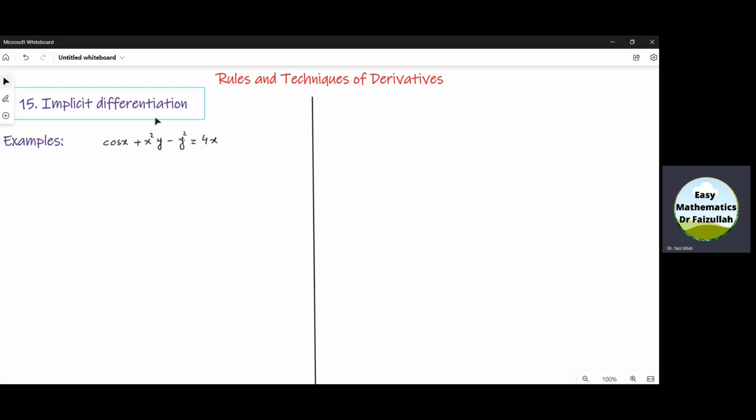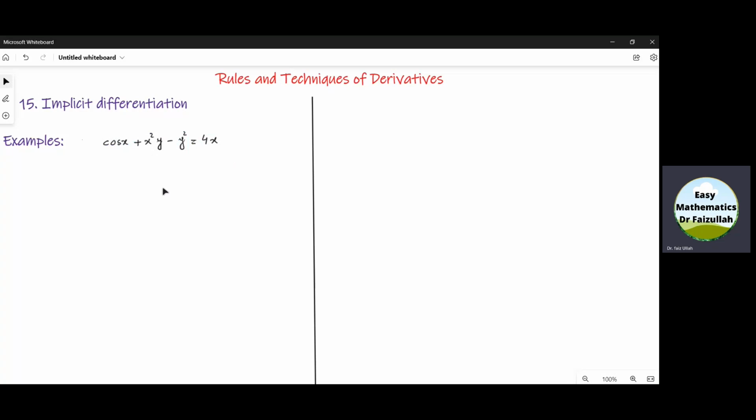Differentiation of implicit functions. Sometimes the variables x and y are related with each other in the form of an equation, just like this one. And we need to find the value of dy by dx. In such cases, we shall differentiate each term of this equation.